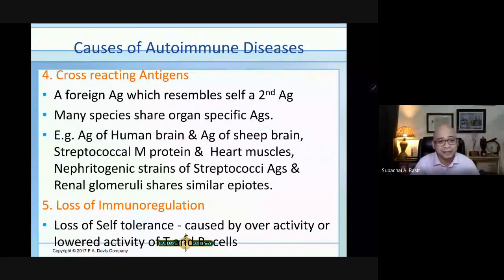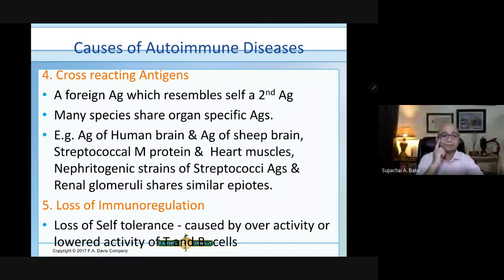For example, the antigen of human brain and the antigen of sheep brain have almost the same characteristics. The M protein found in Streptococcus has the same characteristic as our heart muscle. If we are infected with Streptococcus, there is also a big chance for us to get endocarditis, and the cells of our immune system will even destroy our heart muscle.